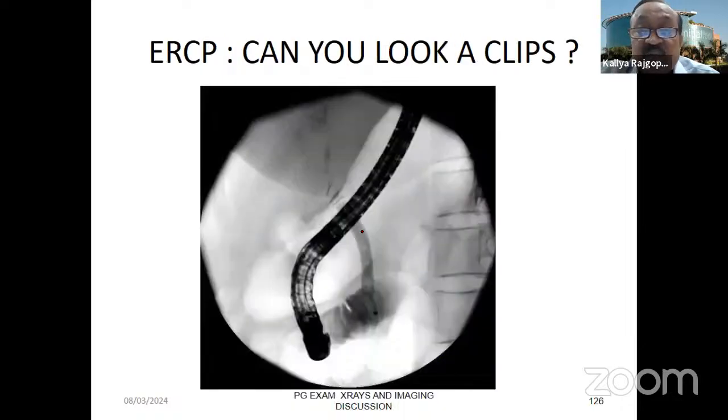This is, of course, choledocholithiasis. And just to show you that ERCP showing lower CBD is seen here, but you can see the upper one, intrahepatic, very thin one, and you can see the clips. This was a partial clipping of the common, sorry, let me just show you once.